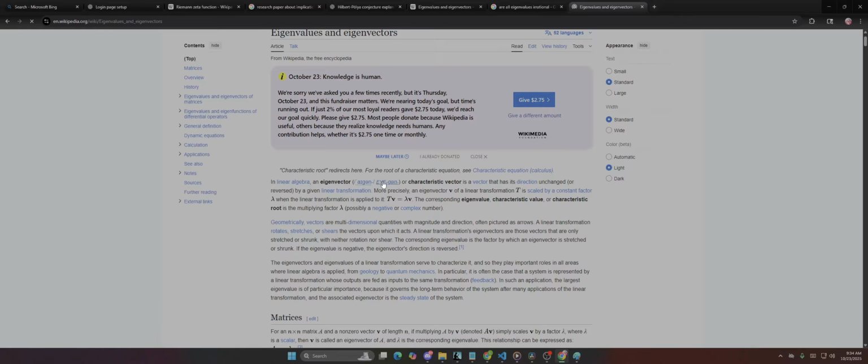In linear algebra, an eigenvector is a vector that has its direction unchanged by a given linear transformation. More precisely, an eigenvector v of a linear transformation t is scaled by a constant factor.